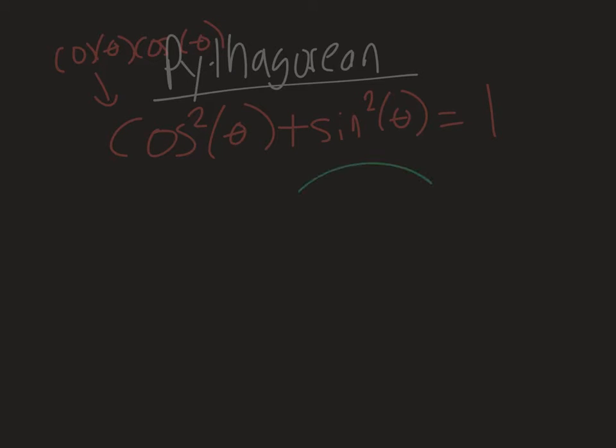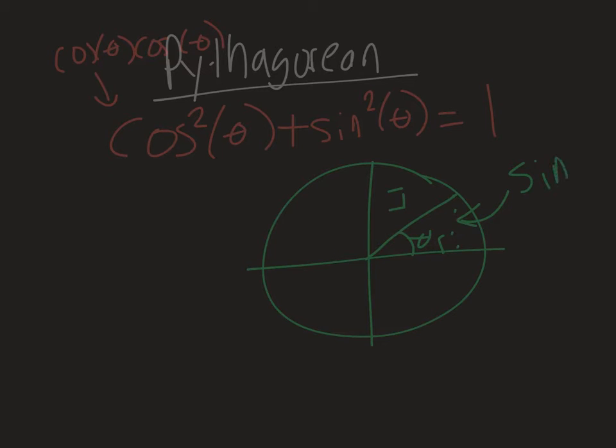And again, if we tie it back to this unit circle idea, we make our angle theta, and we think about what these side lengths are. If we look at the height of this triangle, that would be sine of theta, as we talked about just a few minutes ago. And likewise, this would be cosine of theta.